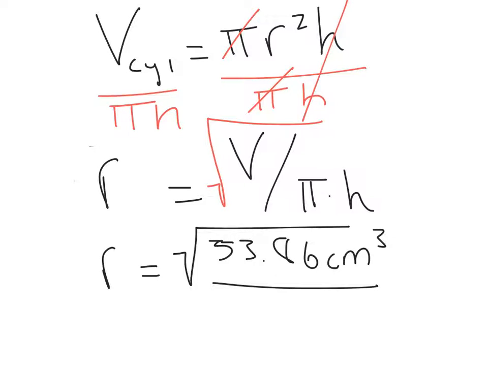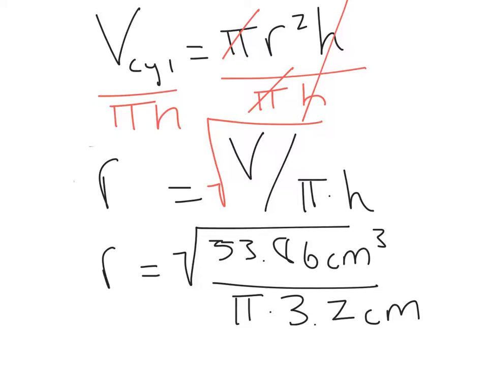All of that divided by pi times my given height, which was 3.2 centimeters. So my equation should look like r is the square root of volume, V, over pi times h.